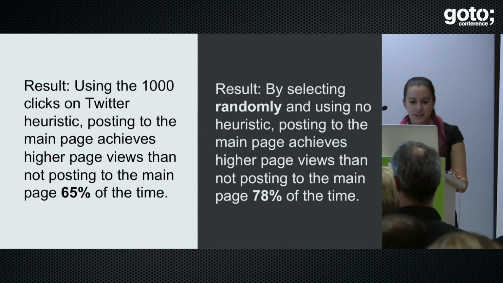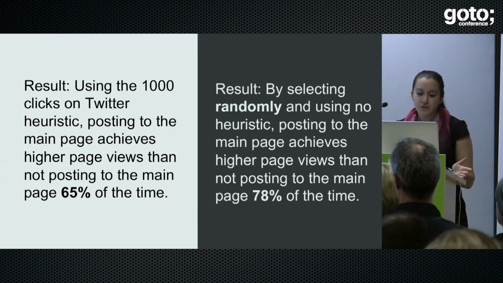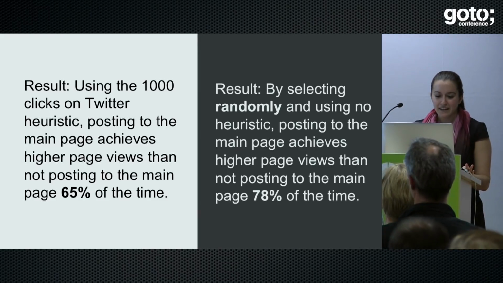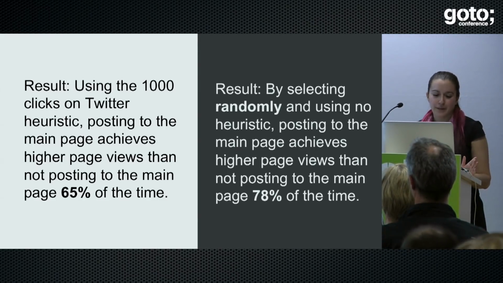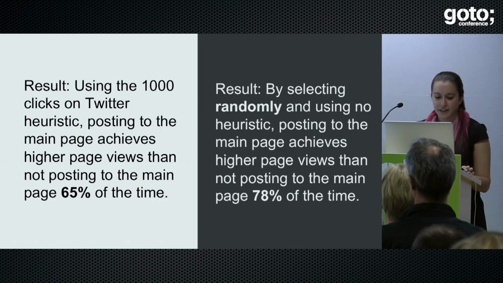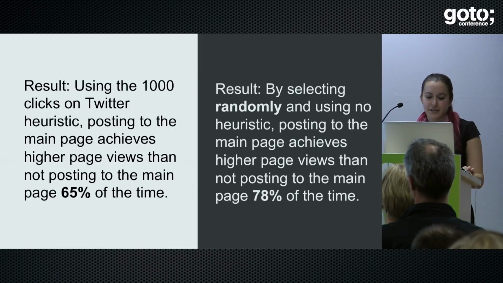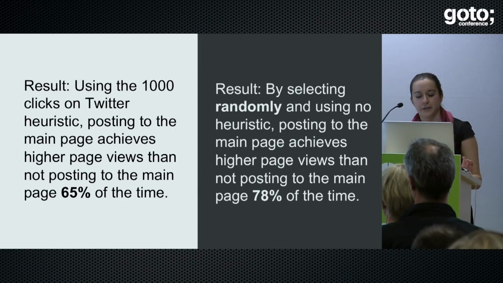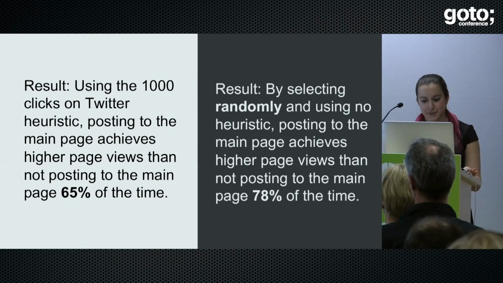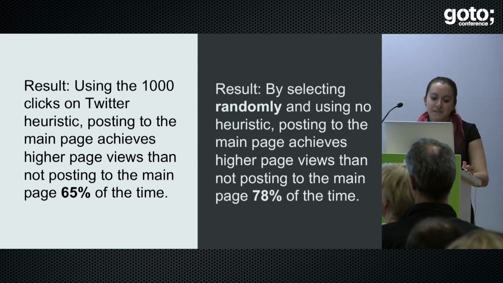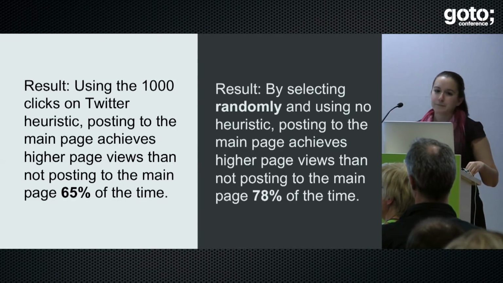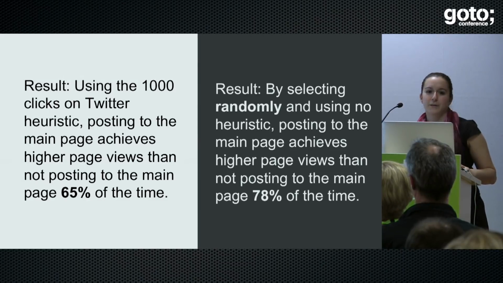So choosing articles to post to main randomly will likely outperform using this 1,000 clicks on Twitter heuristic, which is kind of mind-blowing. Using this heuristic to post is actually detrimental to the goal of achieving as many page views as possible. When we presented this information to our social team, they were like, whoa.